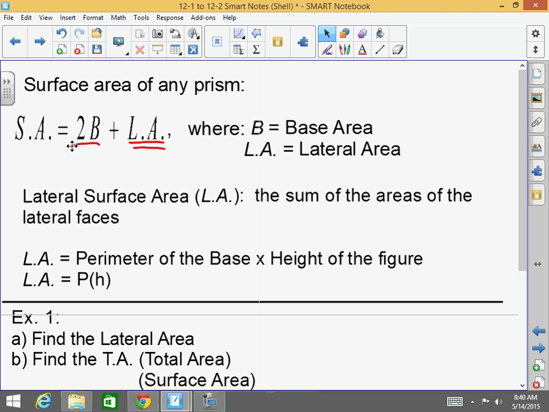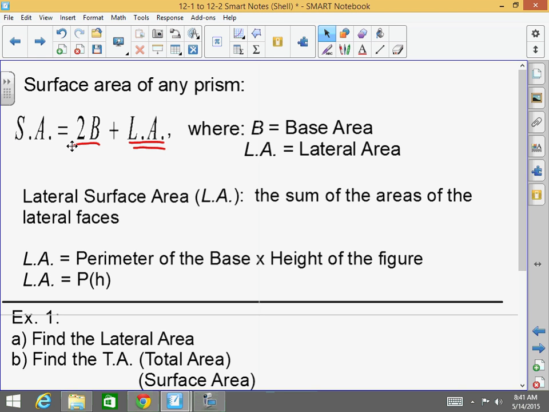So you know you have two bases that are hexagons, right? That's my 2B of the formula. Everyone gets that part, right? Now, what's the area of a rectangle? Base times height, correct? What are each of these lateral faces? Aren't they all rectangles?